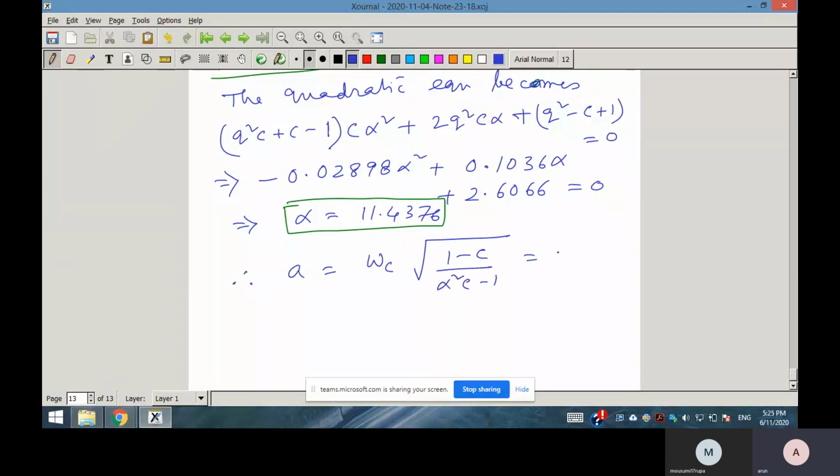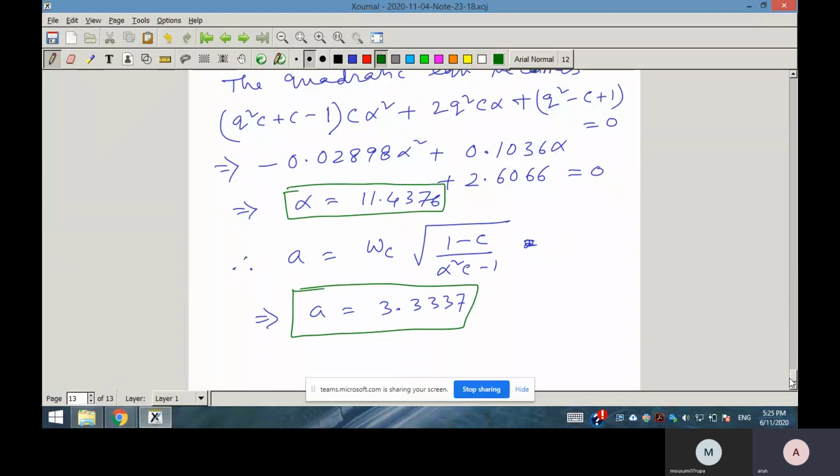If you put all these values, then you will get a equal to 3.3337. So that means the lead part design is over. Then beta will be equal to just 1 by alpha. That I am not writing, just to save time.